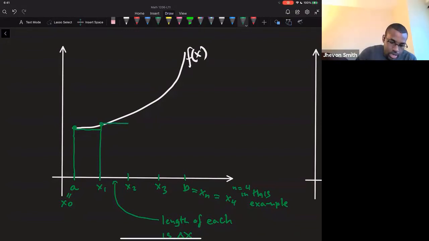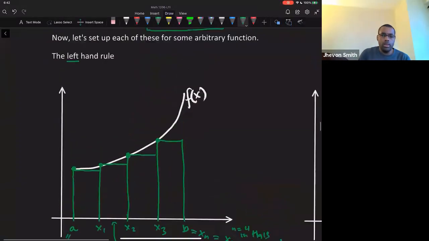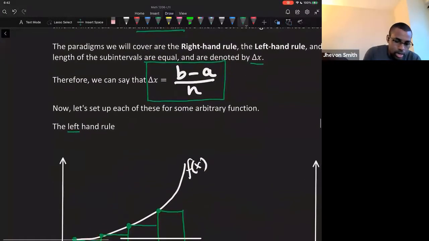Next subinterval, extend the left side, hit the function, cut the height off there. Next guy, left side, extend, hit the function, cut the height off there. So left-hand rule, the left side of each subinterval determines the height.